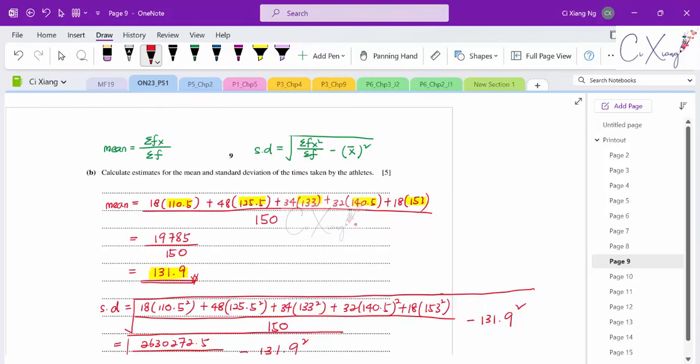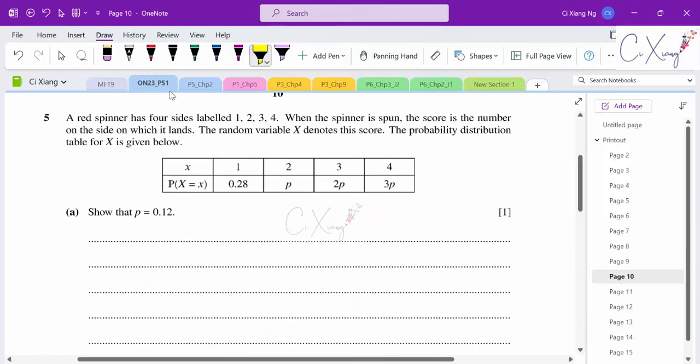Now we solve question number 4. Okay, so now we are at question number 5. So we have a red spinner, with 4 sides, sorry, and then the score is actually the side that it lands. So X is actually the score. So they are giving us the probability distribution table like this.